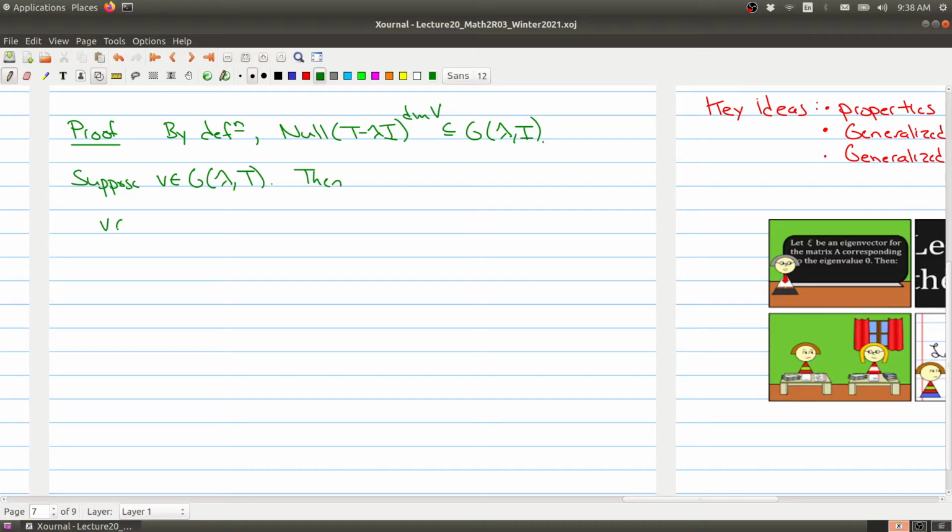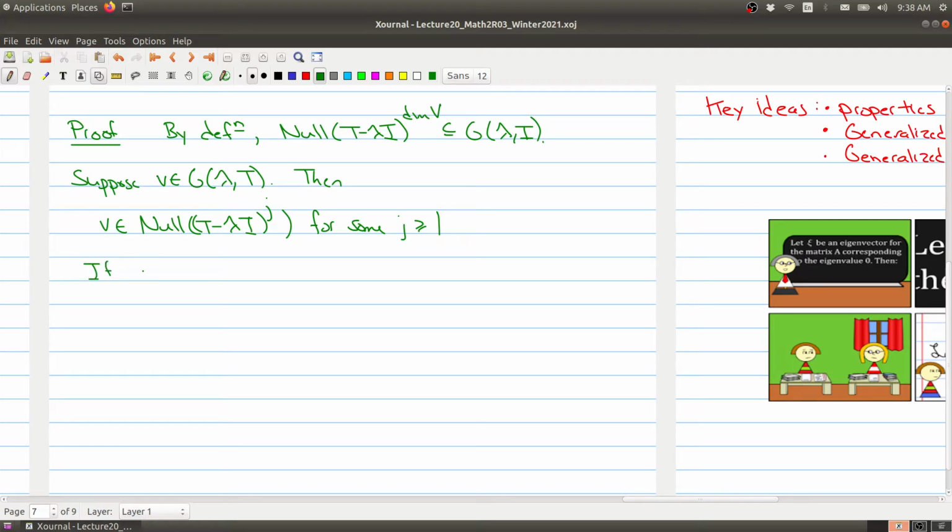Well, that means v is in the null space of (T minus lambda I) to the j for some j greater than or equal to 1.